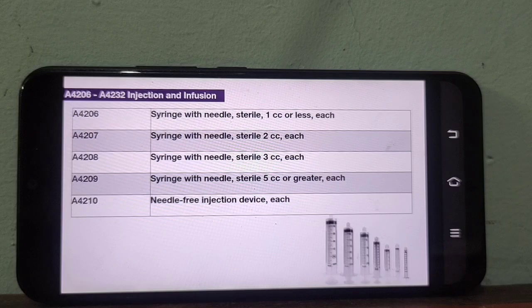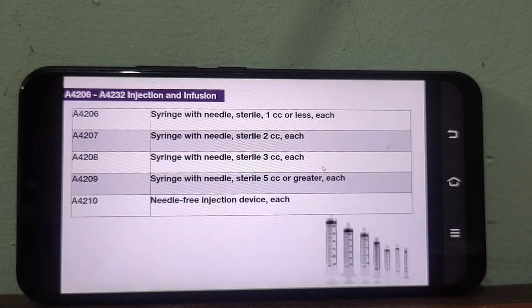A4206 into 5, because the size of the syringe is 1 cc and the number of syringes is 5. So we have to apply the code for each syringe. Am I right? Each means every syringe. So A4206 into 5. That's it.